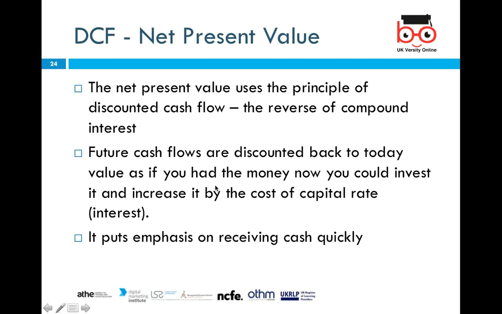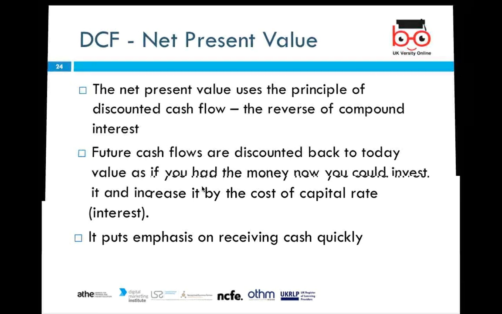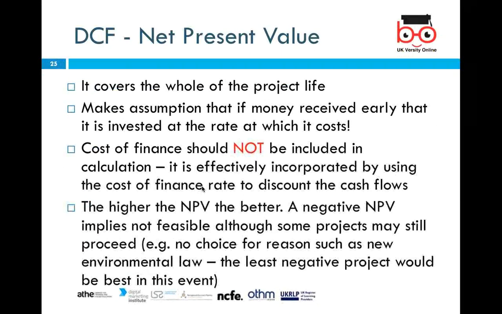Future cash flows are discounted back to today's value, as if you had the money now and could invest it and increase it by the cost of capital rate. It puts emphasis on receiving cash quickly. So this is the more accurate and more appropriate discounting method for project investment.